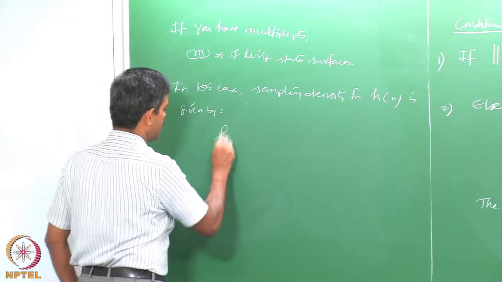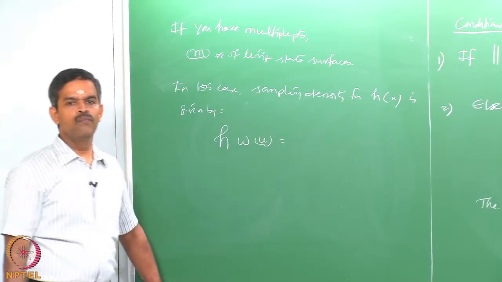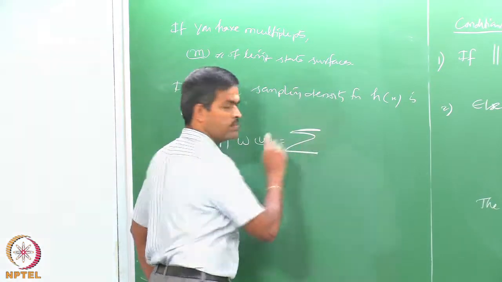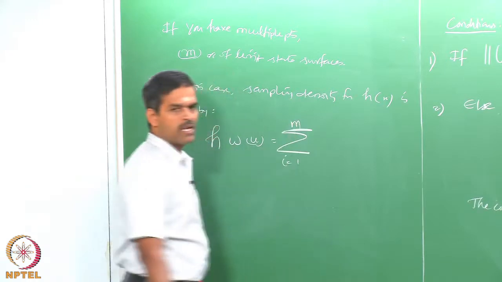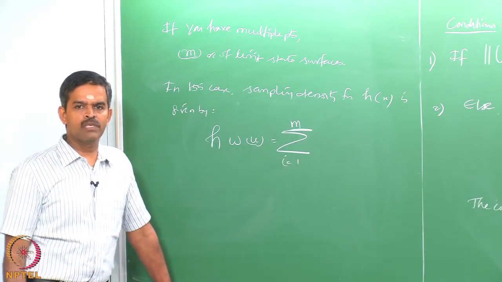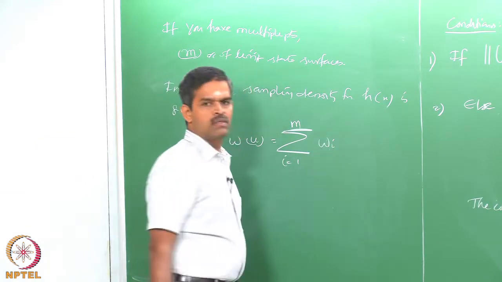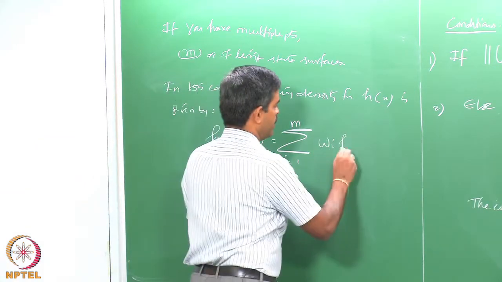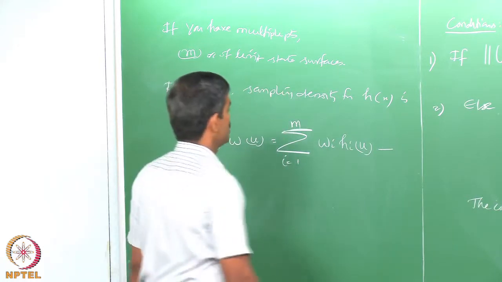I call that as h w u, which is going to be the summation of I equals 1 to m, because there are m failure envelopes or m failure limit state surfaces. So, which is now multiplied by w I h I of u. Call this as equation number 7.